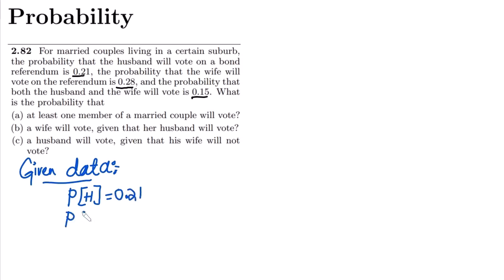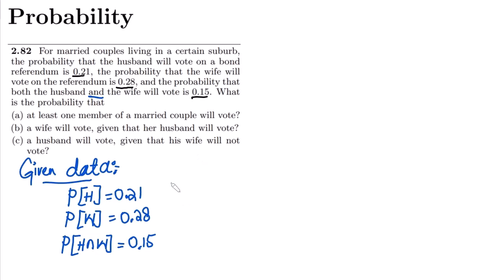Similarly, the probability that the wife will vote is also given, and that is 0.28. And the probability that both the husband and the wife will vote, where the word "and" means I have to use the intersection symbol, is 0.15.